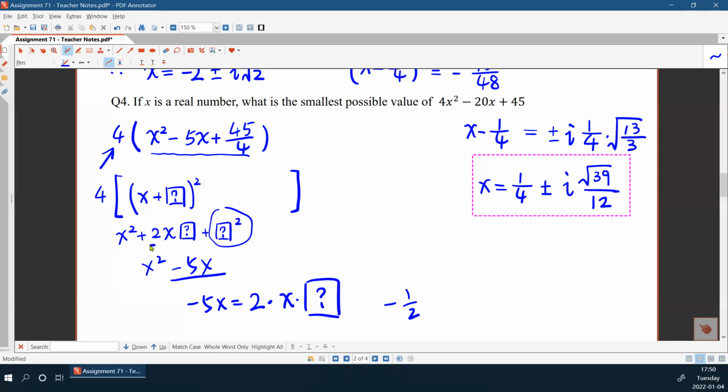What you should do is to ensure x squared equals x squared here, and then the second term, 2x question mark, should equal minus 5x. So what is a question mark here? 2x question mark should equal negative 5x.